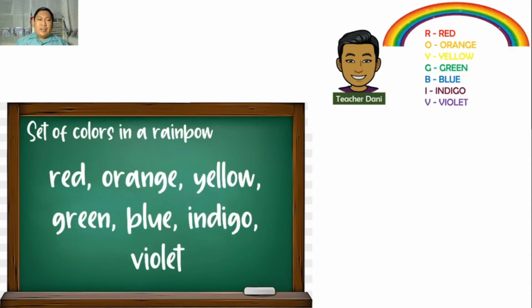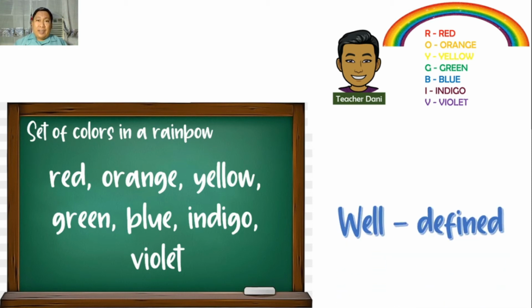And finally, the set of colors in a rainbow. So we have red, orange, yellow, green, blue, indigo, and violet. This is a well-defined set. Why? Because this idea, the colors of a rainbow, is true from one person to another.